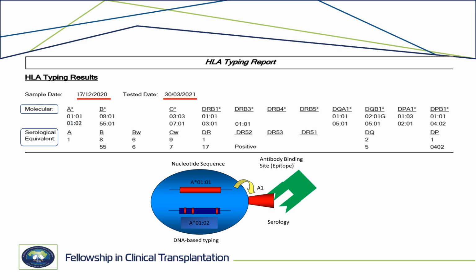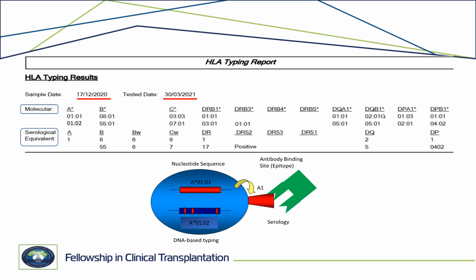Why is it called A1 protein? Because it can be detected by an antibody that targets A1. This antibody cannot differentiate between A0101 or A0102. It just detects the A1 protein present on the surface. Why is this important? Because this is important to detect the donor-specific antibody.